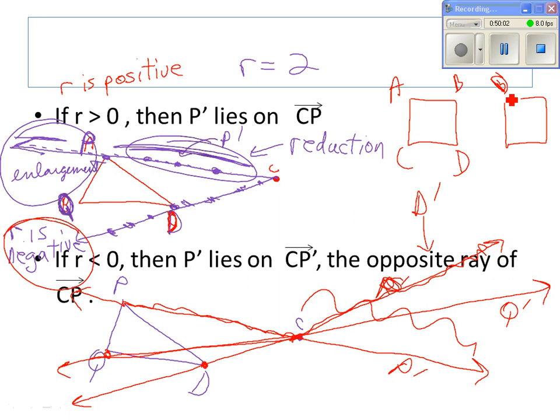All right, so listen carefully, I'll go back over it real quick. If you have a positive scale factor, then your shape is either going to end up in between the center point and the shape, if it's a reduction, or out here, if it's an enlargement.